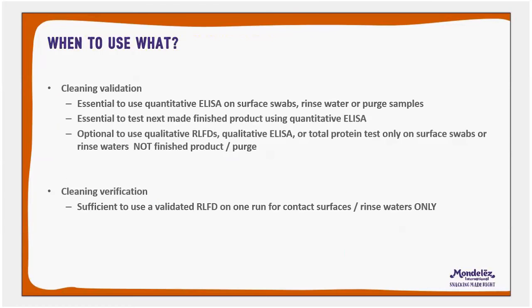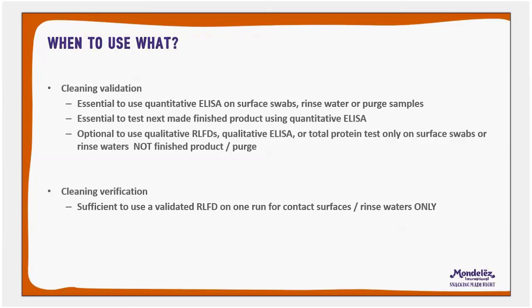When we're thinking about when to use what type of sample, when we're thinking about cleaning validation sample types, it is absolutely essential you will be taking some surface swab samples that you will be sending off to a laboratory for quantitative ELISA testing.